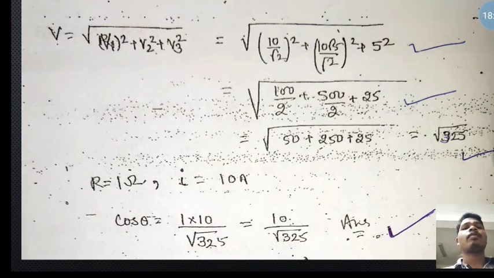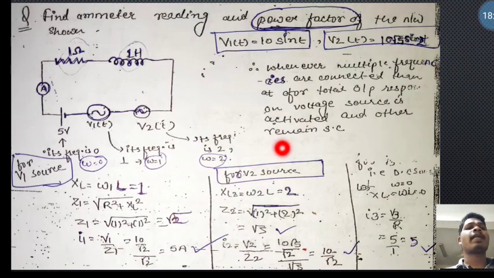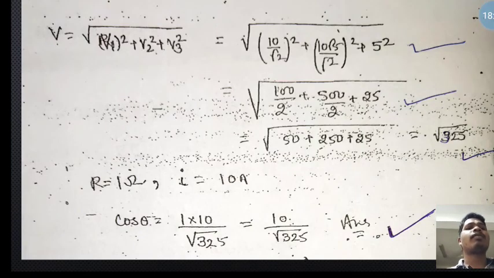Okay. So voltage is equal to the square root of V1 square plus V2 square plus V3 square, where V1 is 10 divided by root 2, squared, and V2 is, see here, 10 root 5 divided by root 2, squared, plus V3, that is 5. This is the DC voltage source. So after calculating, you will get the square root of 325, and R is given as 1 ohm, I is 10 ampere.